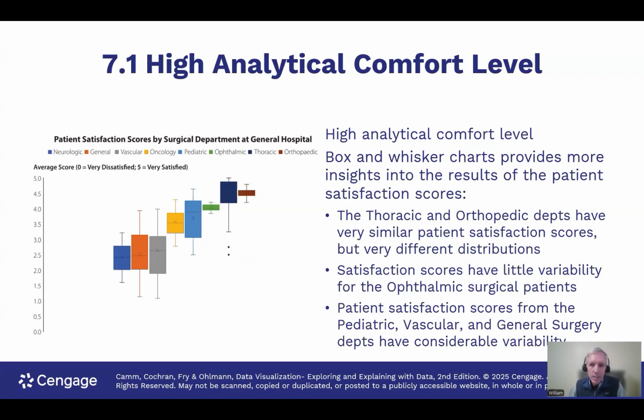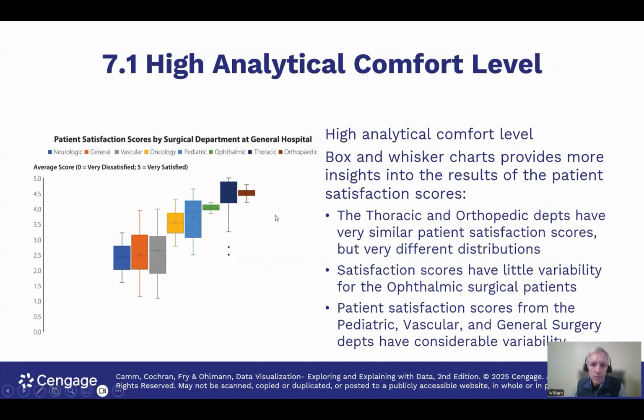The satisfaction scores show little variability for the ophthalmic surgical patients, very low variability. Ophthalmic is the brown. So these guys are happy and they're also giving extremely good ratings.